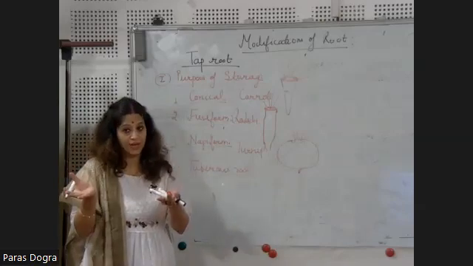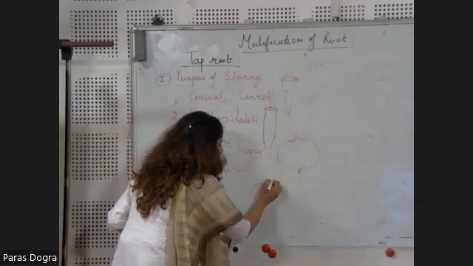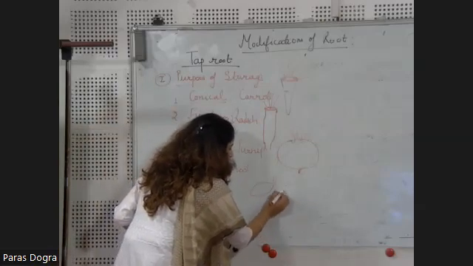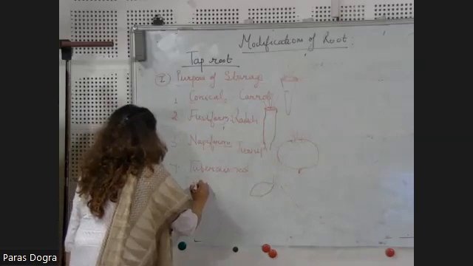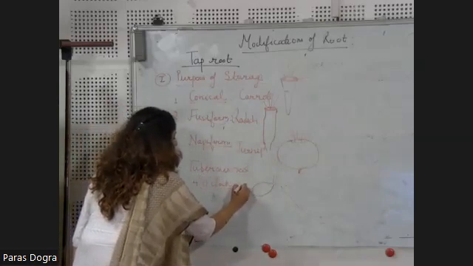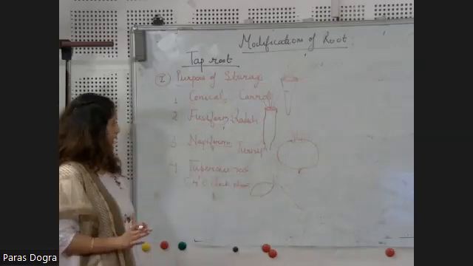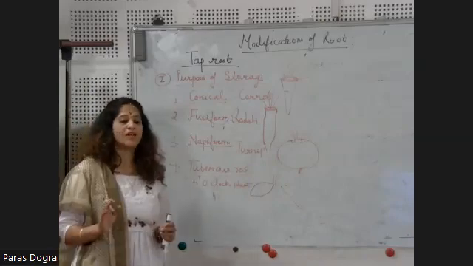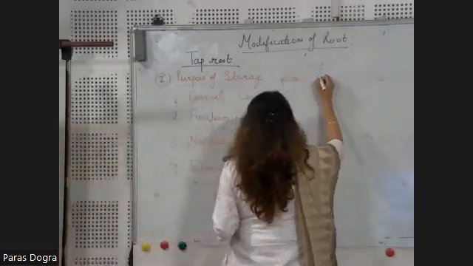It is usually solitary and it can assume any shape, like this, or like this, but it is solitary. It is seen in our four o'clock plants, botanically known as Mirabilis jalapa. Okay. So these are the modifications of taproot for the purpose of storage.